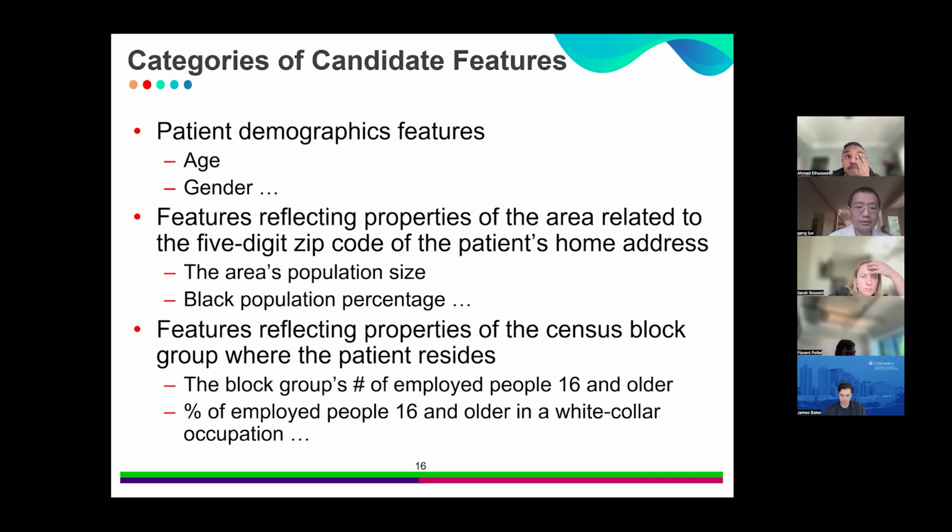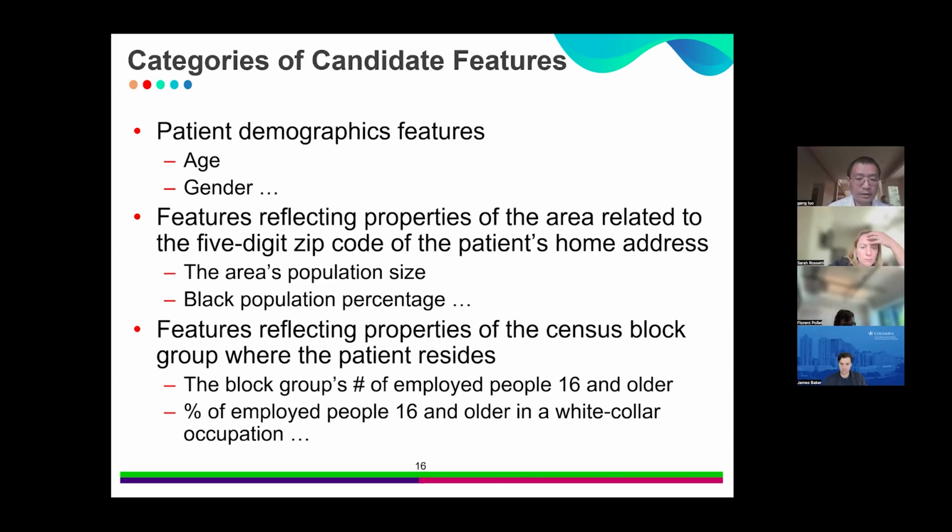We consider features that reflect properties of the area related to the 5-digit zip code of the patient's home address, such as the area's population size, Black population percentage, etc. We consider features that reflect properties of the census block group where the patient resides, such as the number of employed people who are 16 years and older within this block group, and within this group, the percentage of employed people who are 16 years and older in a white-collar occupation.